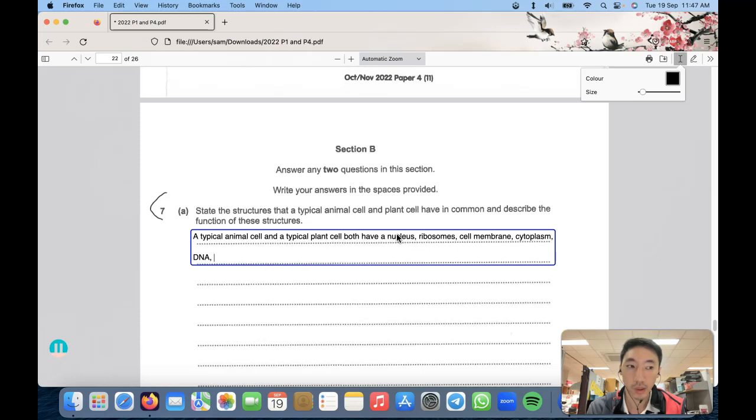Plant cells have cell wall, which animals don't. Anything am I missing? Cytoplasm. That should be more or less it.